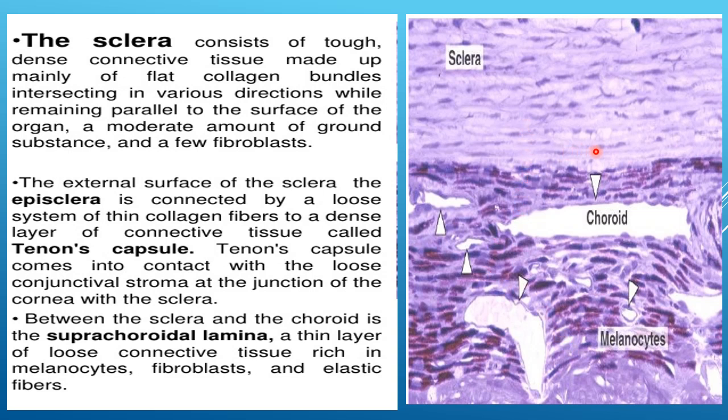Here in between the sclera and the choroid, you can see a loose connective tissue where the melanocytes start appearing. This is the suprachoroidal lamina. It is also known as lamina fusca. You must remember its other name is lamina fusca.